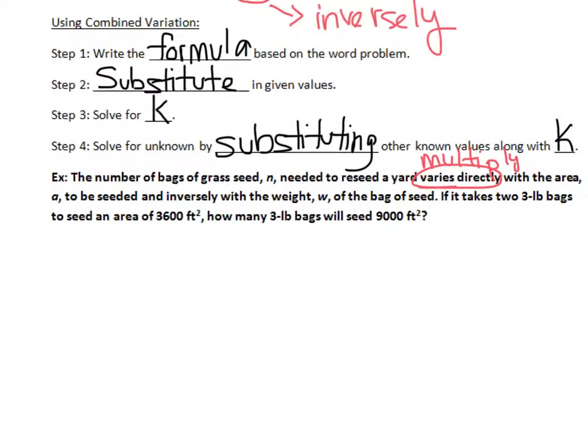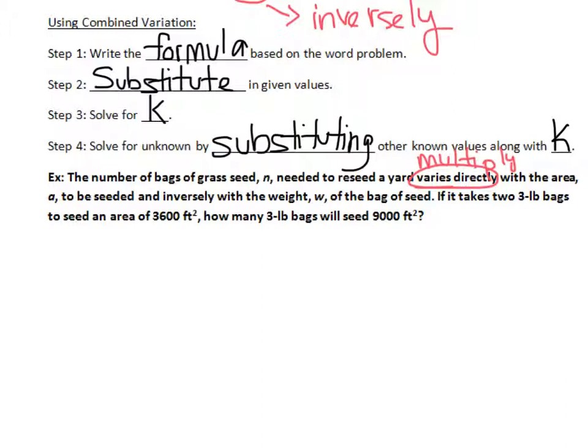A to be seeded, and inversely. Inversely means we're going to divide with the weight W of the bag of seed. And then that's going to be our first part. That's going to find our k. Then we will use the rest of the information.